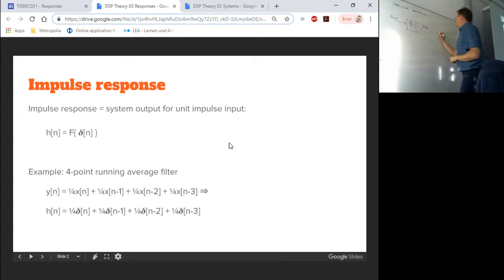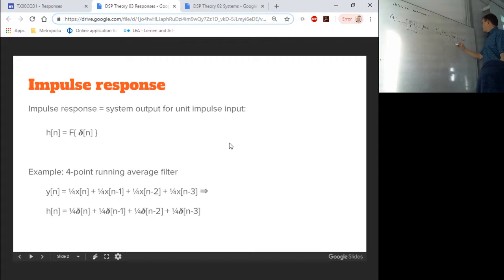Okay, if we have a linear time invariant system, then actually the delta in, and we have the transfer function of the nth order polynomial transfer function, we get the impulse response out.